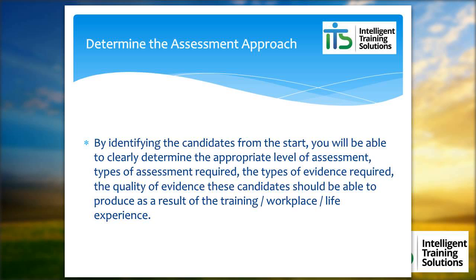By identifying the candidates and understanding that appropriate level of assessment, it's so important that under the rules of evidence and principles of assessment, as covered last week, we understand that we don't want to write an assessment that's too easy or at the same time too difficult. We want to match what that assessment asks those students to create, produce, and demonstrate at that exact level for what they're trying to achieve once they move into the workplace or licensing requirement or potential employment requirement.